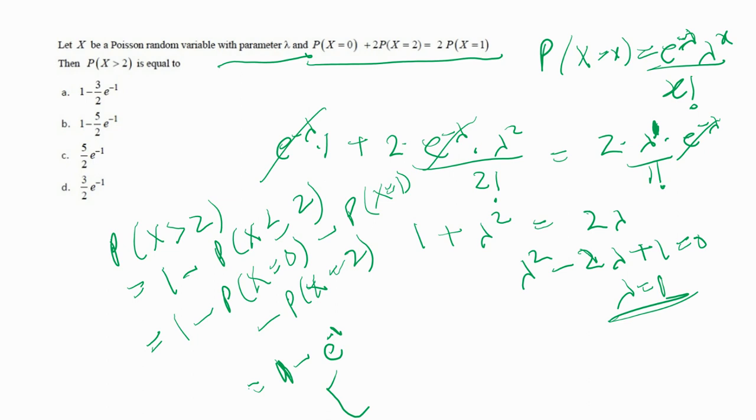When X is equal to 0, it will be 1. When X is equal to 1, it will be 1 to the power 1 by 1 factorial, again 1. And when X is equal to 2, it will be 1 to the power 2 by 2 factorial, so 1 upon 2. So the total will be 1 plus 1 plus half, which is 5 upon 2. So it will be 1 minus 5 upon 2 e to the power minus 1.